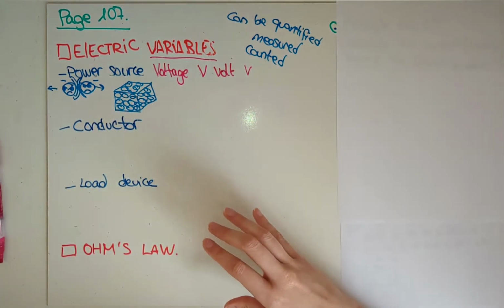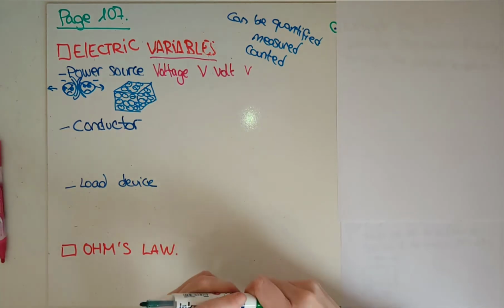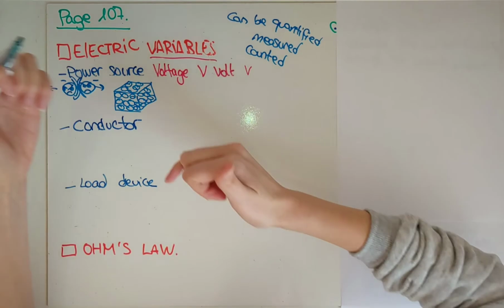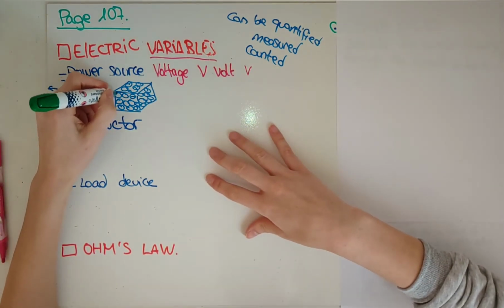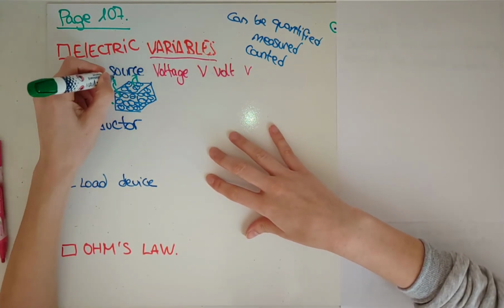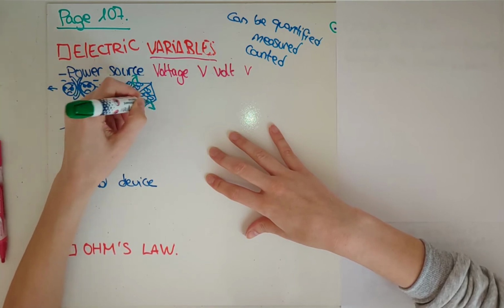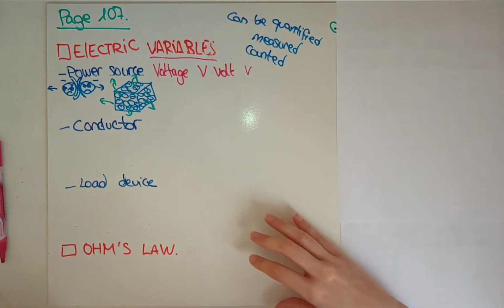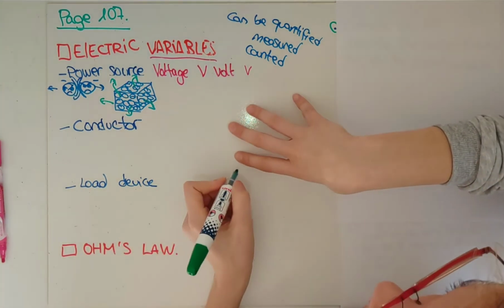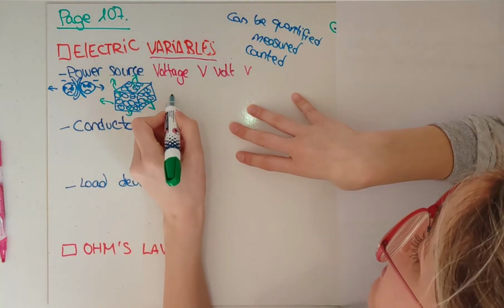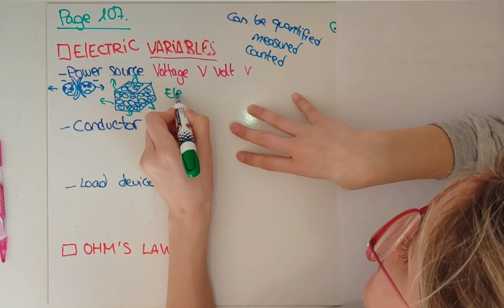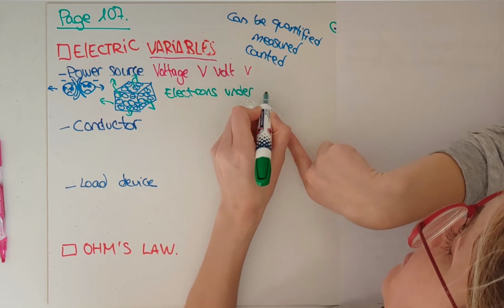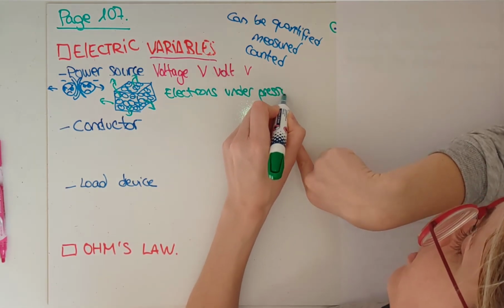What is this? They will try to get out, no? They will try to escape because they repel each other. So imagine that the voltage of a circuit is, or are, electrons under pressure.